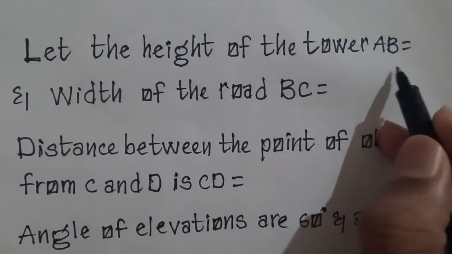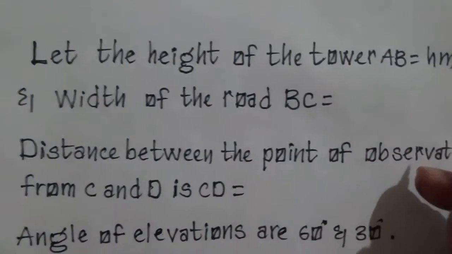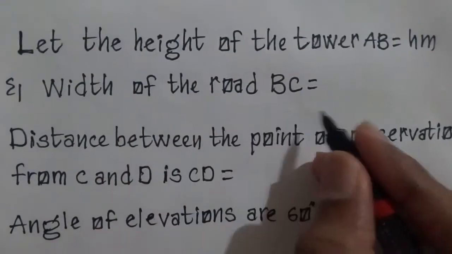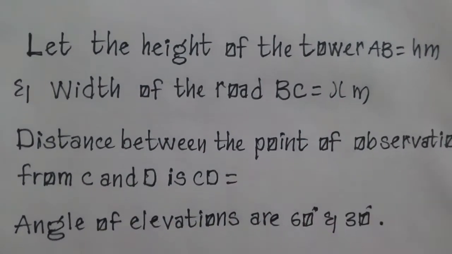Let the height of the tower AB be h meters and the width of the road BC be x meters.